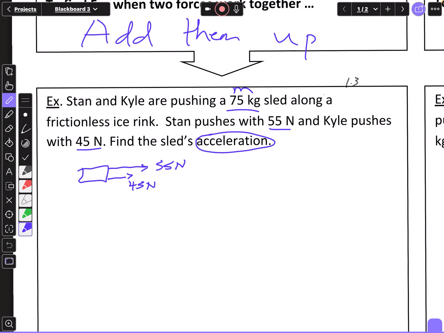So my net force is I add those together. 55 plus 45 would equal 100 newtons, since they're in the same direction. And then the mass of the sled was 75 kilograms, and I need to solve for acceleration. And I know the units, I'm solving for meters per second squared.